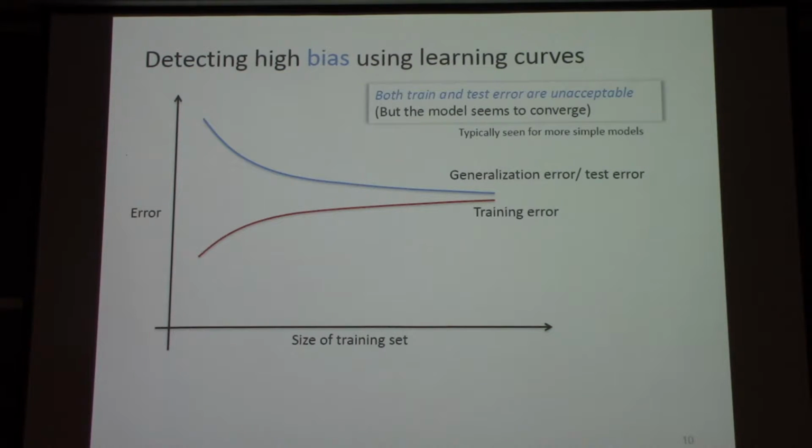That means your class of functions does not have the capacity to represent what you care about. Even though the learning algorithm is finding the best classifier it can, the lowest possible test error is not acceptable.